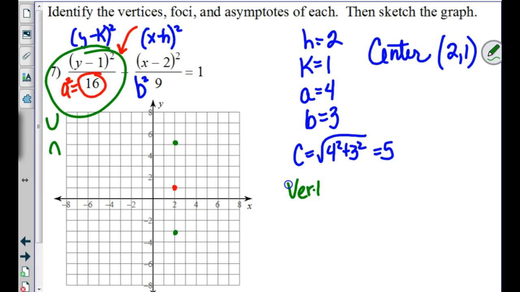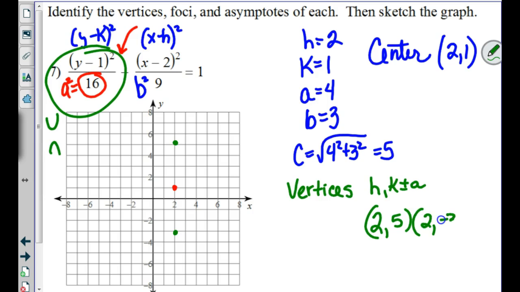So the vertices are at h comma k plus or minus a, which is exactly what we just did. 2, and then it was 1 plus 4, which was 5, and 1 minus 4, which was -3.